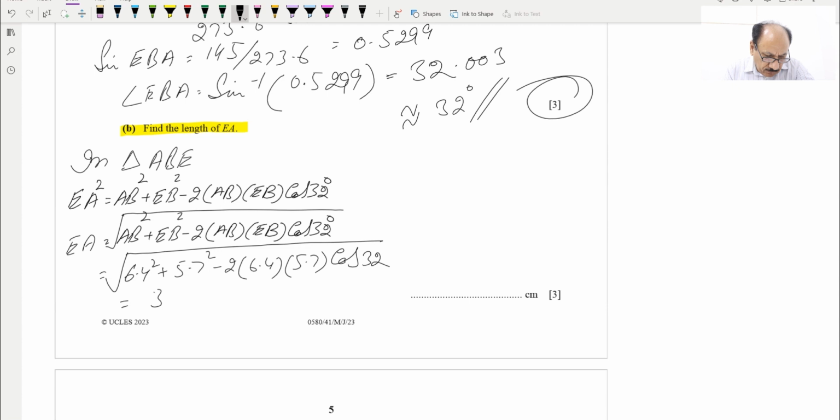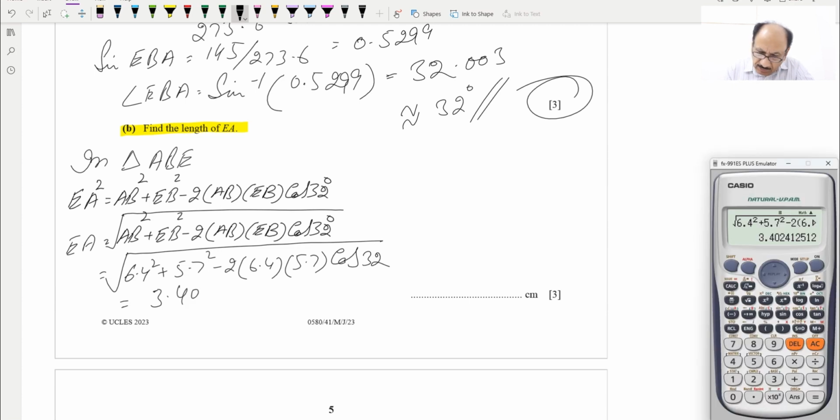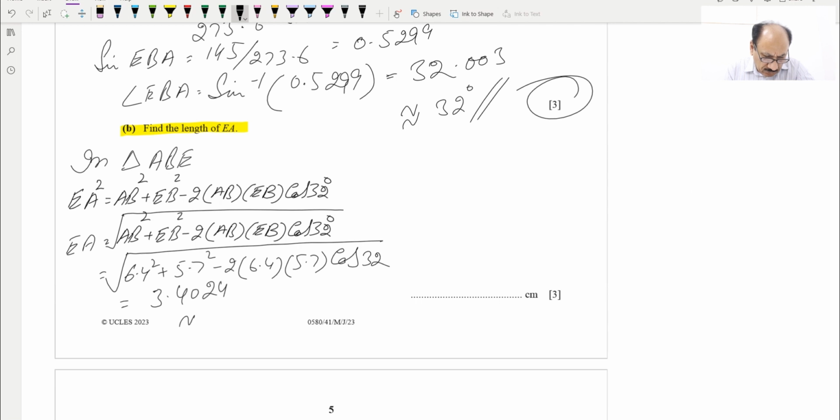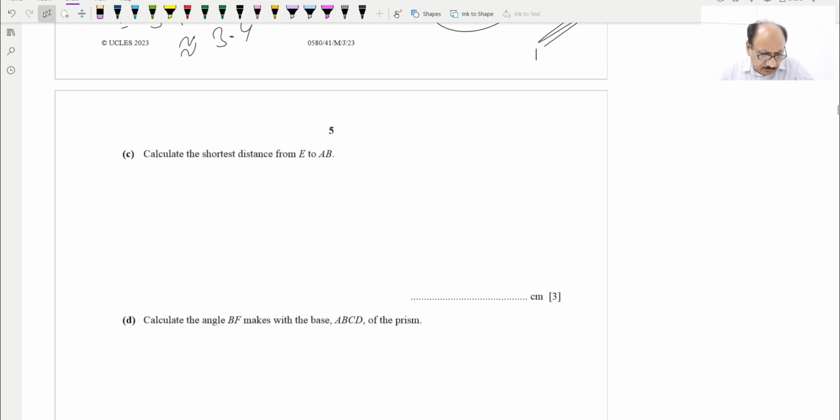So 3.40 and 24, so we can approximately write 3.4, so 3.4 centimeters. This is also a 3 mark question which you hopefully understood.